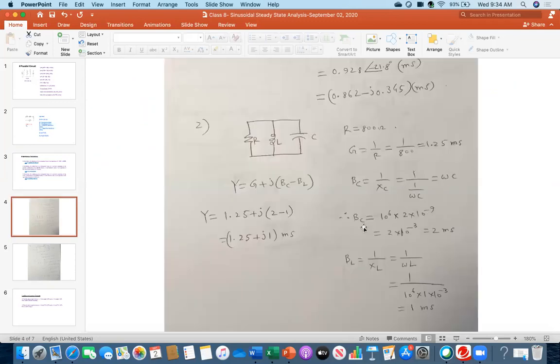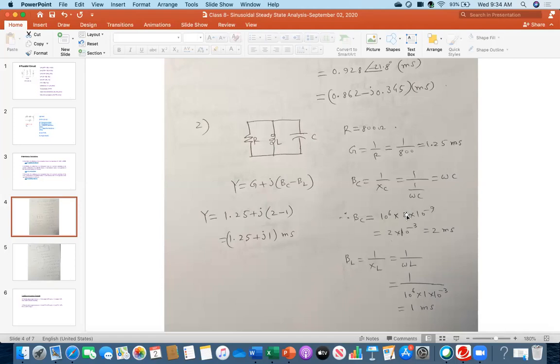So that's why, see my calculation of BC. What is omega? 1 mega radian per second, which I converted into radian per second, so 1 multiplied by 10 to the power 6. And what was my C value? C was 2 nanofarad, so I converted into farad, that's why 2 multiplied by 10 to the power minus 9. Then I am simplifying.